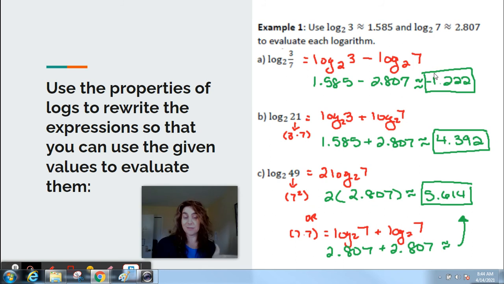Numerator minus denominator. If it's a multiplication, right? 21, that's 7 times 3. So I can make an addition problem now. Log base 2 of 3 plus log base 2 of 7. And then 49, I can think of it two different ways. I can do it as 7 squared, and that would be 2 times the log base 2 of 7. Or 49 is 7 times 7.